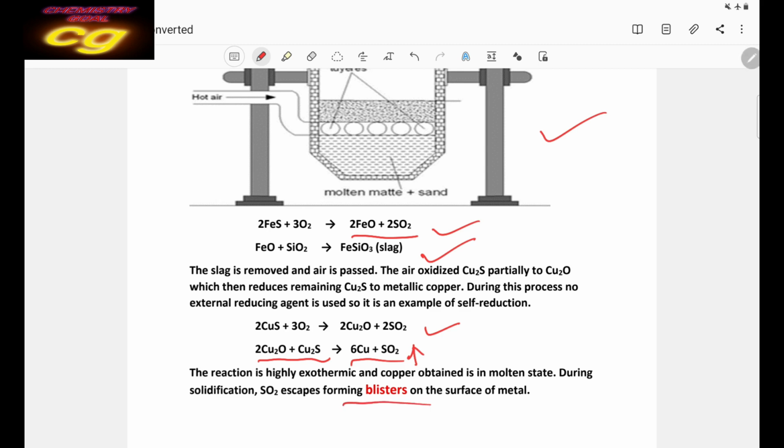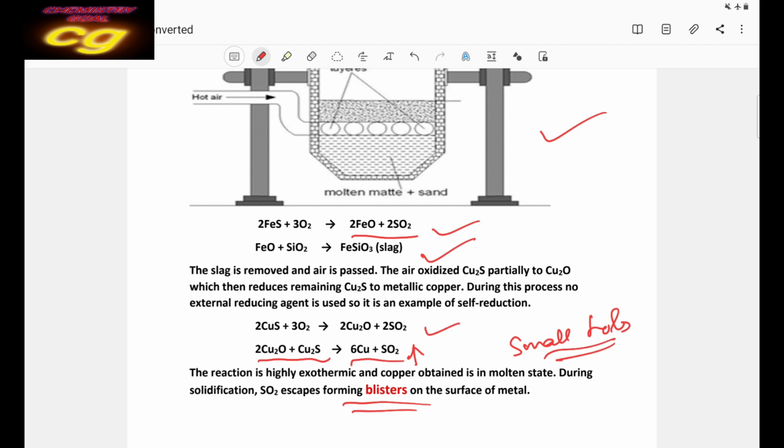Blister means small holes created in the solid copper, and that is called blister copper. It is called blister copper because of the small holes, because SO2 gas is produced during the solidification of liquid copper.